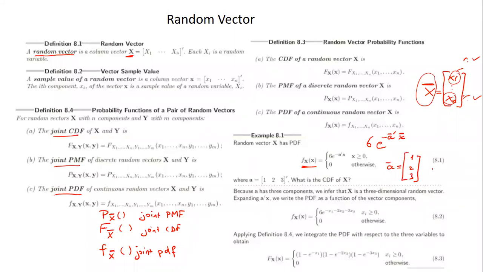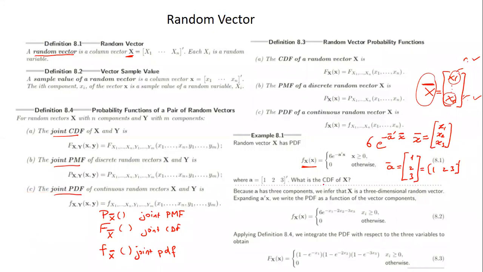From vector algebra, we can write this as (1, 2, 3) transpose. Similarly, we can write x. X is a random vector again, x1, x2, and x3. We take simply its transpose and write it in this a form.